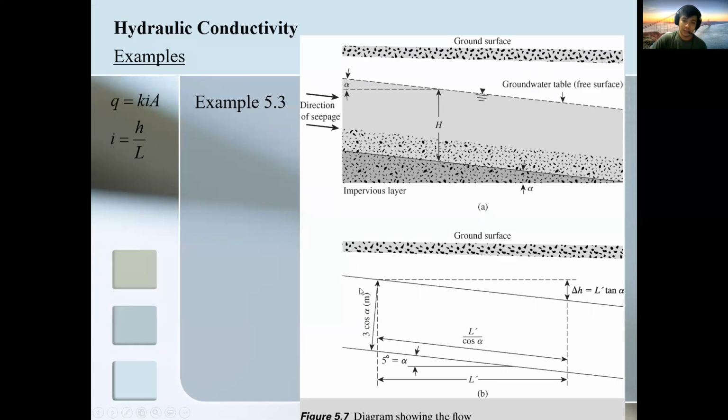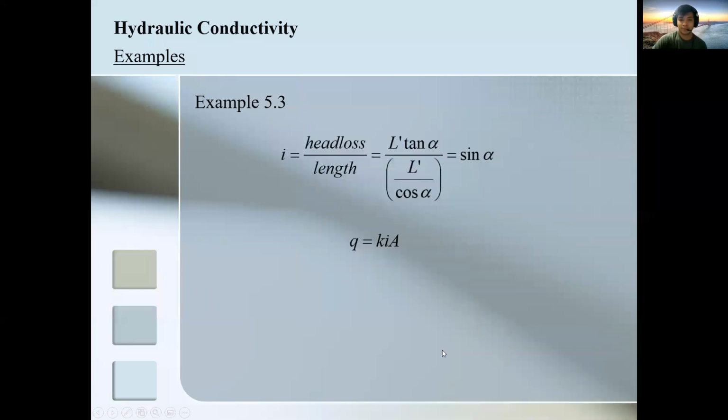So if you look at 3 cosine alpha times meter, per meter is the width, since it is the area. Okay, so that is simplified there. So it's an easy answer.